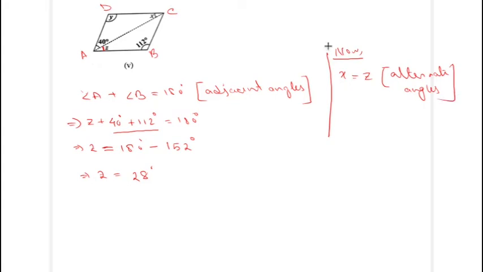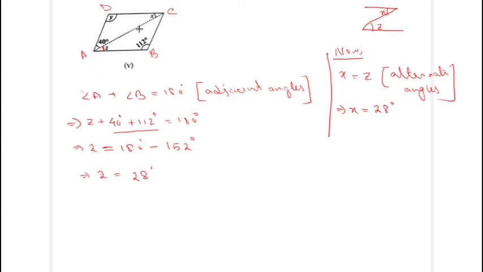How alternate angles? Because these two sides are parallel and this is the transversal given, and this corner is named as x and this corner is named as z. So these are alternate angles and that's why they are equal. So the value of x will be 28 degree as well.